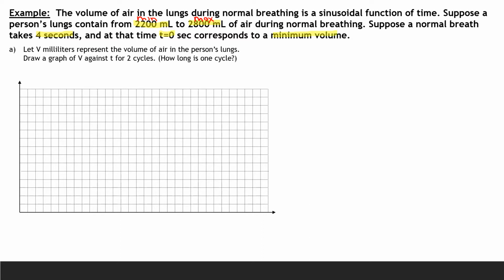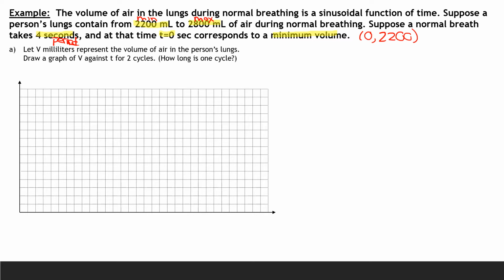So that's all important too. 4 seconds, that means we're talking there about the period. We're going to graph this period. This last piece here, t equals 0 seconds corresponds to minimum volume. It means that at time 0, we're going to have the minimum volume, and we already identified that. That's 2,200. So there's a coordinate to start with.